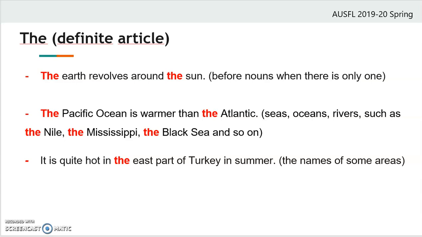Before seas, oceans, rivers such as the Nile, the Mississippi, the Black Sea, we use the definite article the. We also use it with the names of some areas, like we see in the example. It is quite hot in the east part of Turkey in summer.